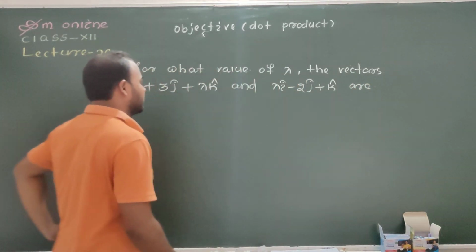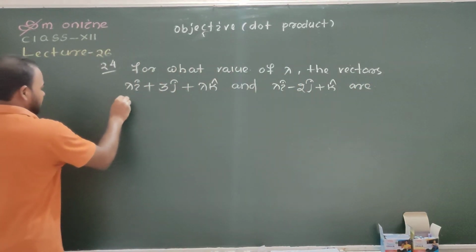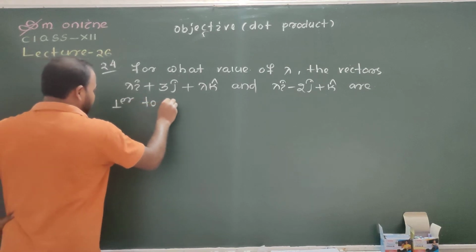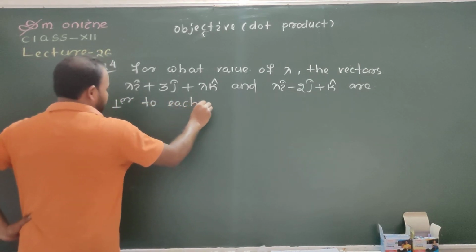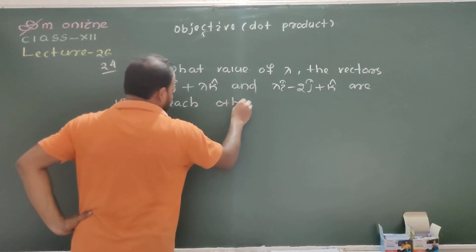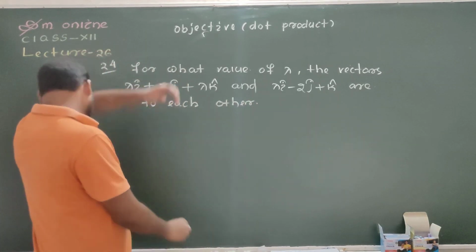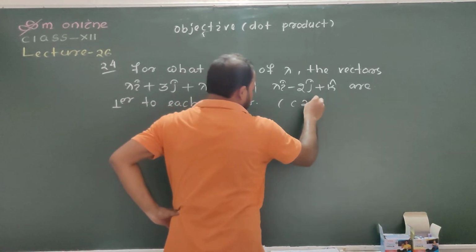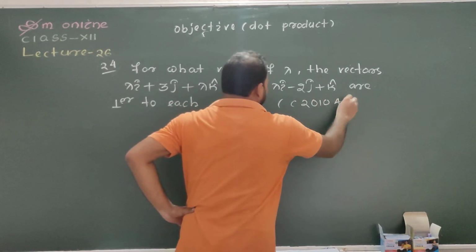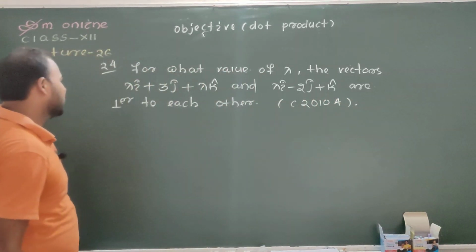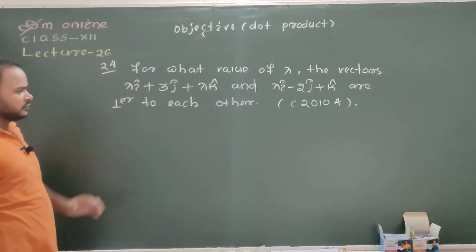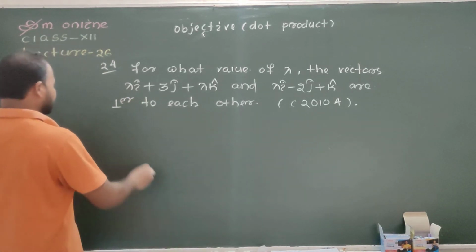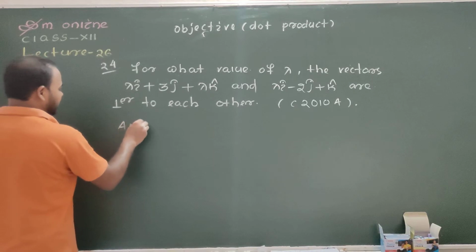This question was in CBSE 2010 annual. So we have to find the value of lambda for which these two vectors are perpendicular. Very easy.